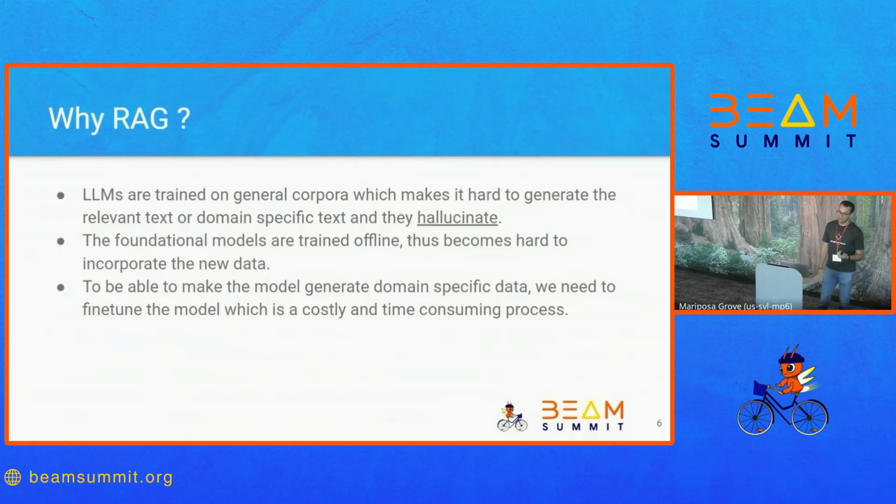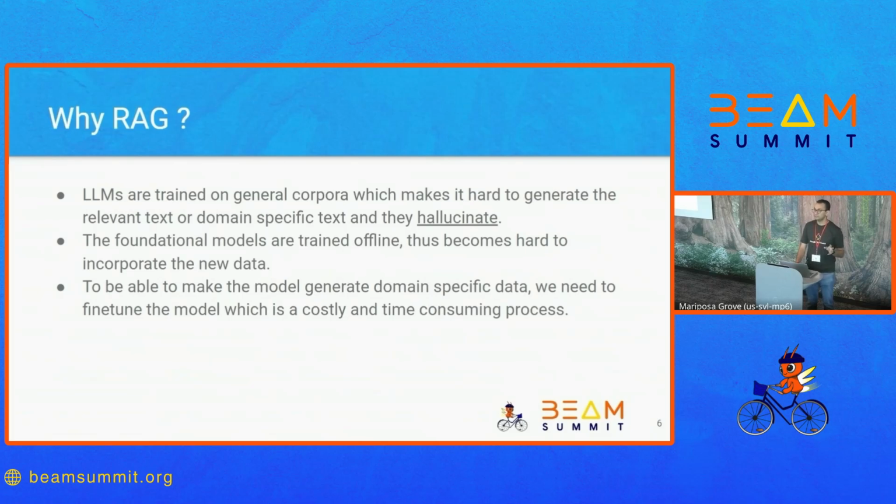Now let's talk about why it is so popular. With RAG, first of all, it is model agnostic. We can try different models, and we have a separate knowledge base. It could be a database where we can keep the updated data that we want the LLM to use.